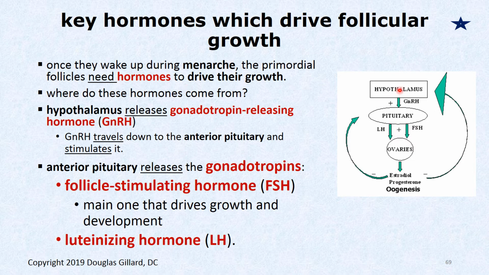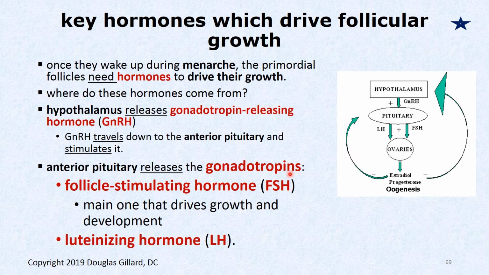Hormones come from the HP axis, the hypothalamus and the pituitary. We'll get into this more in 5th quarter, and you'll probably have this when someone else teaches some endocrinology. Gonadotropin releasing hormone is released from the hypothalamus. That goes down and stimulates the pituitary to release the gonadotropins.